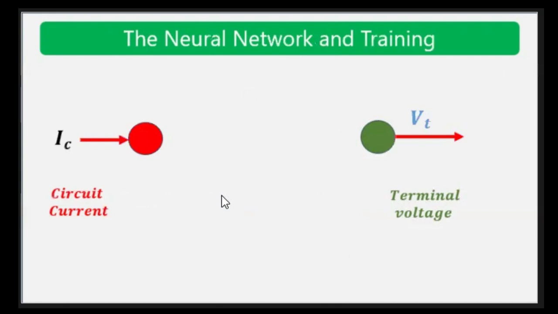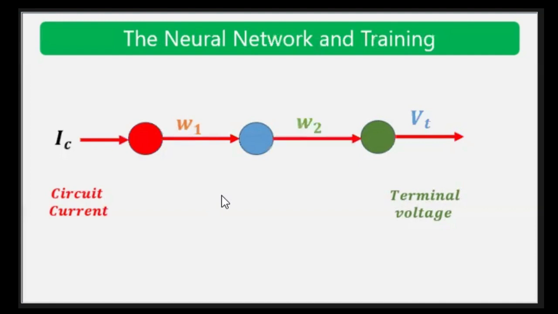Input is going to be IC, output is going to be VT, and our task is to calculate the internal resistance. Then we will add one neuron in the middle, which is a hidden neuron.